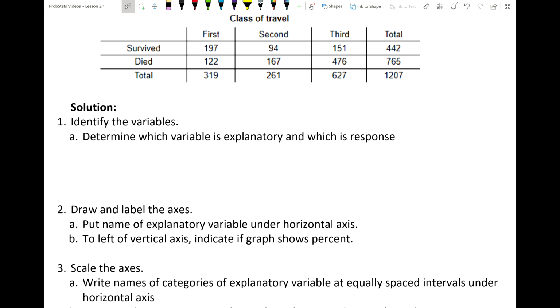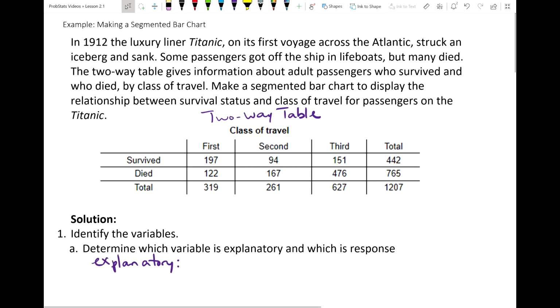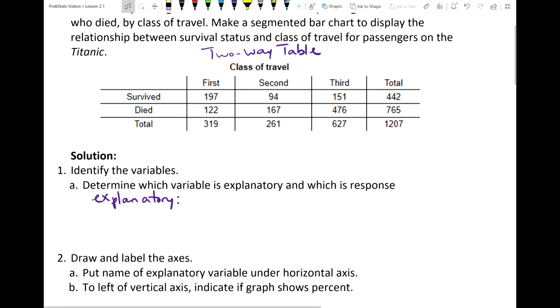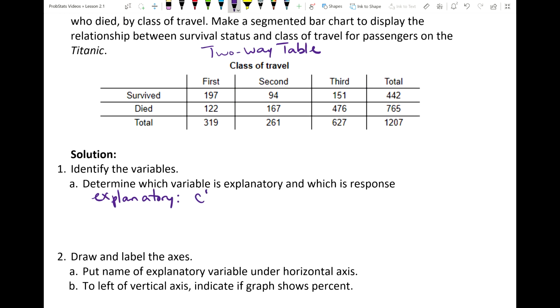All right, so in this case, let's look at the explanatory variable. The explanatory variable is what is going to help us predict something, right? So the explanatory variable is the class of travel, and that will help us predict whether they survive or not.